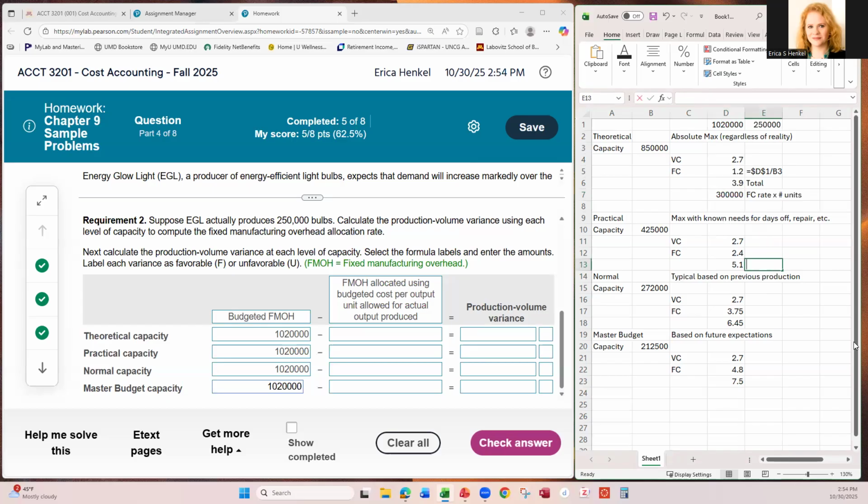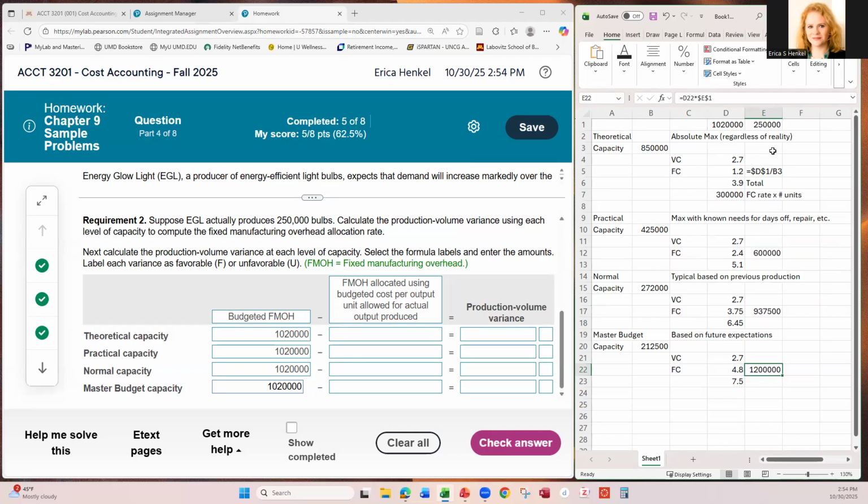So let's just do this. There, now I'll have room for all of them.